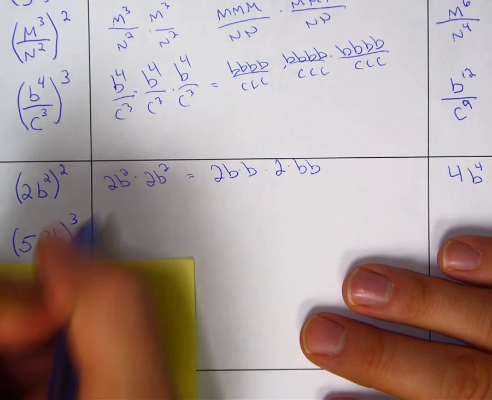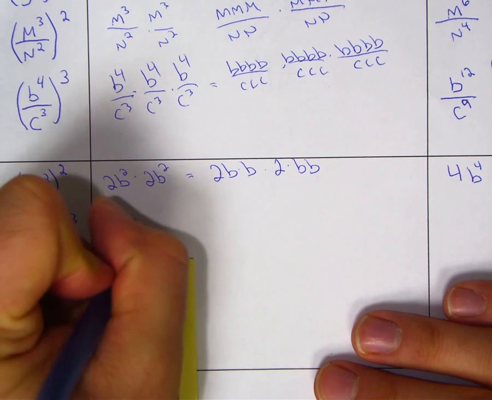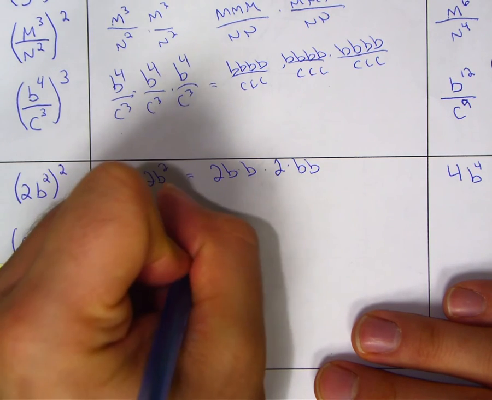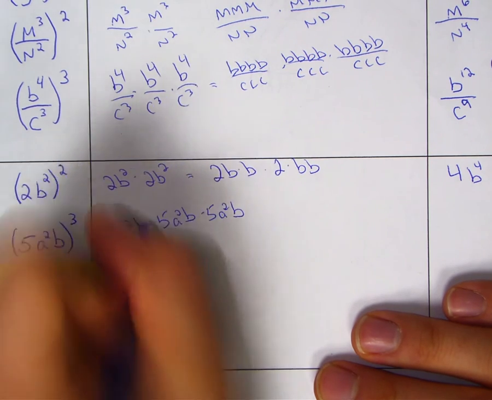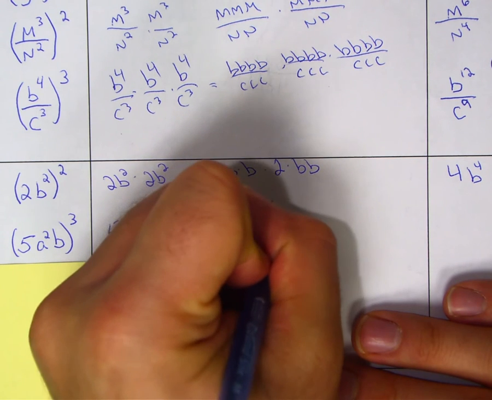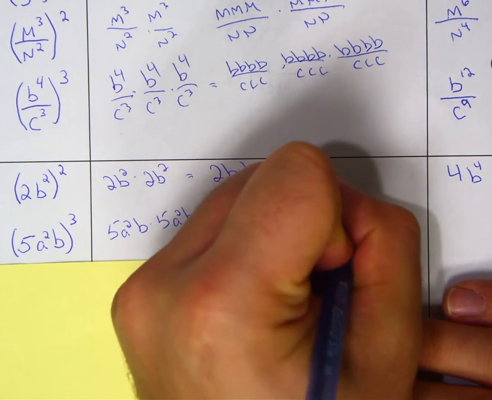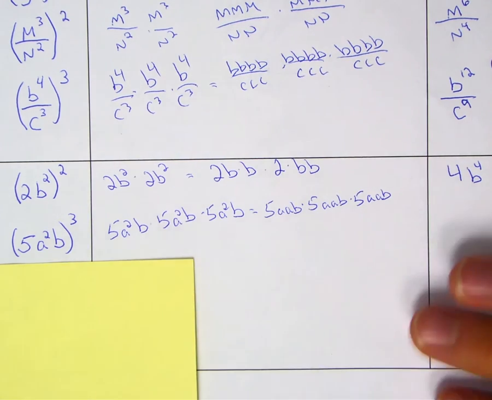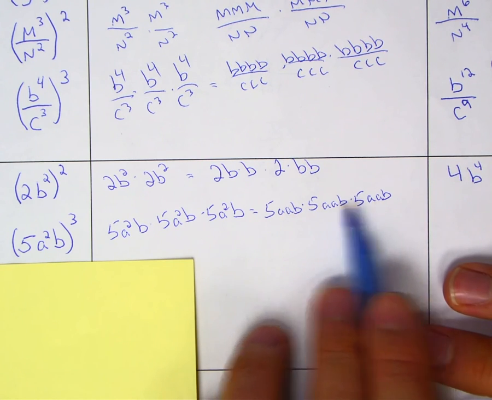So let's write this out as 5a squared b times 5a squared b times 5a squared b. And now we can just write this out in expanded form. So we got 5a a b, 5a a b, 5a a b. And we've got all those now. So now let's just figure out what we got here. We've got 1, 2, 3, 4, 5, 6 a's.